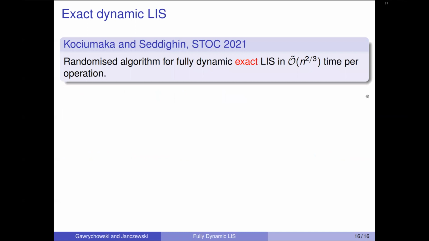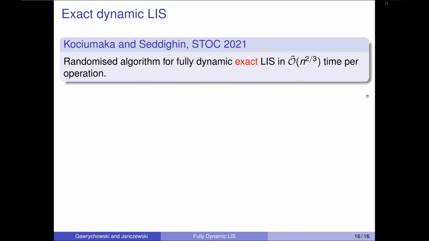Okay, so I can end with the main open question there, I think. So that question is, do we need approximation to get down to polylogarithmic time? Okay, so only very recently, Kociumaka and Seddighin designed a randomized algorithm for fully dynamic exact LIS, which works in sublinear time.